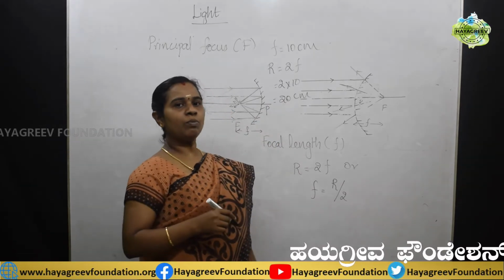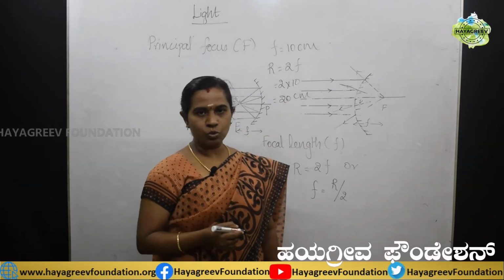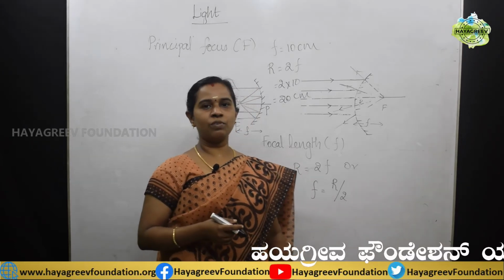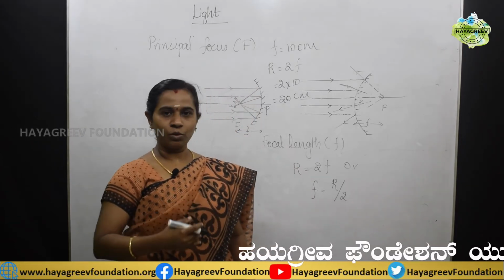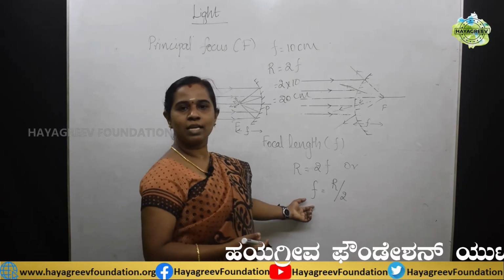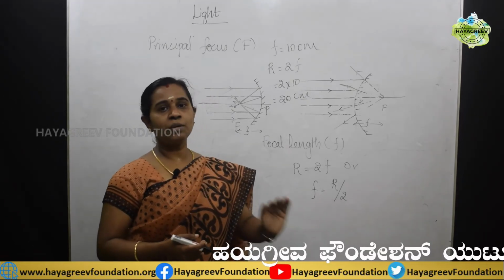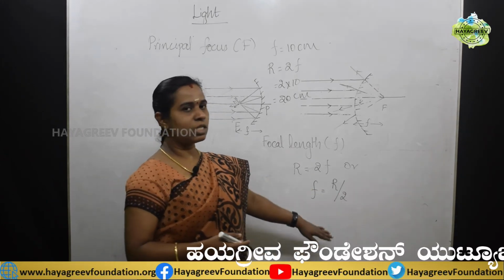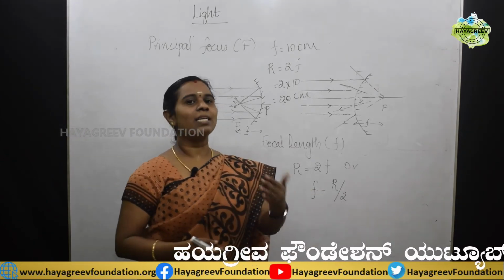With the help of this we can solve one mark questions. If they give the value of radius of curvature, we can find the focal length. This relation is applicable only for spherical mirrors, either concave or convex mirror. It is not applicable for lenses.